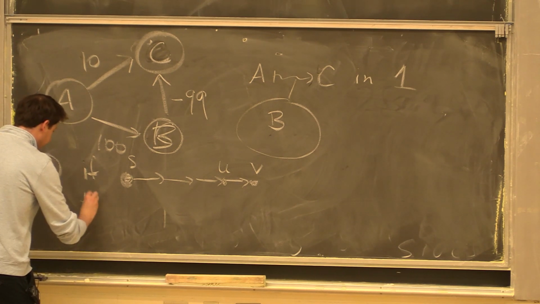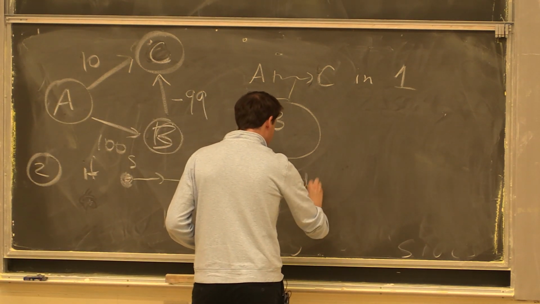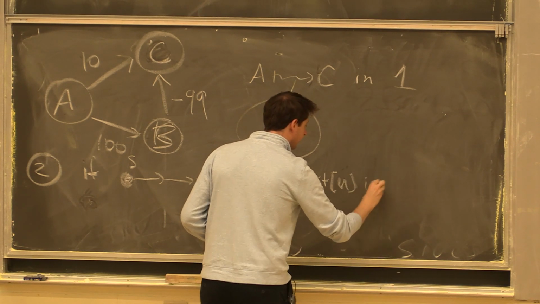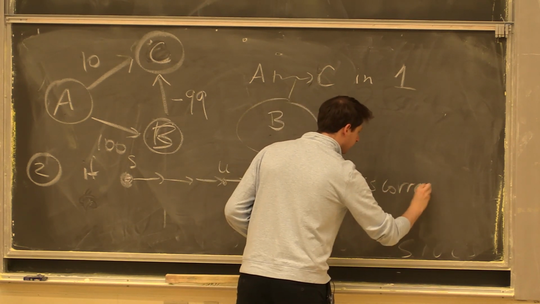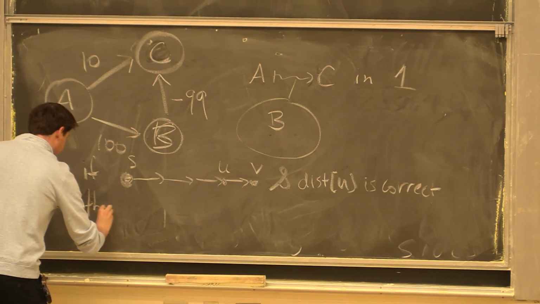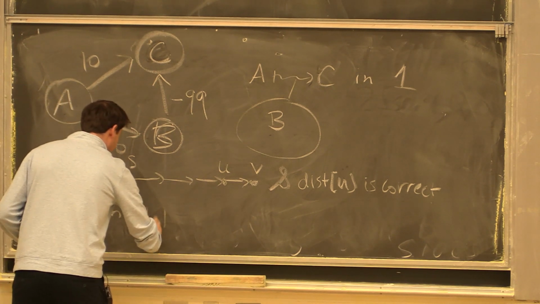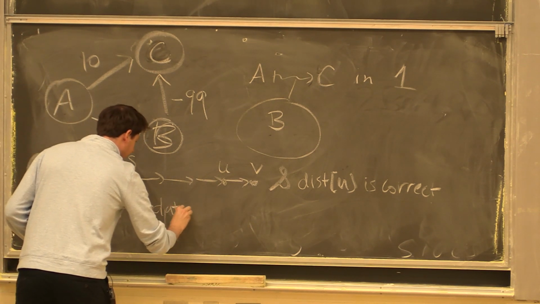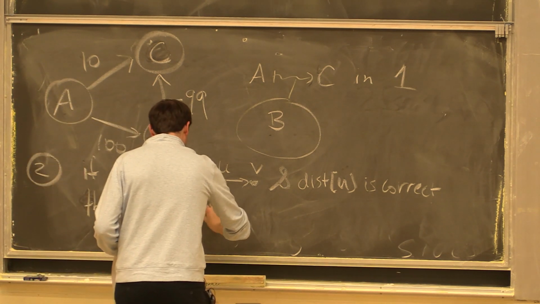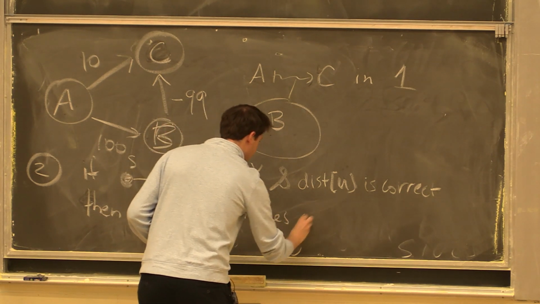Then, if the distance of U is correct, then a running update UV makes the distance of V correct.